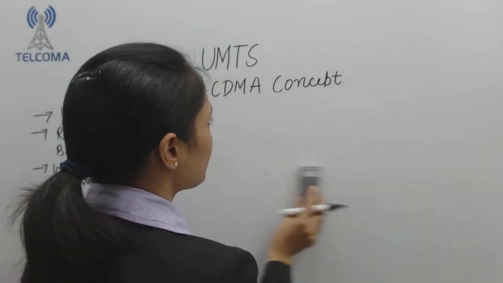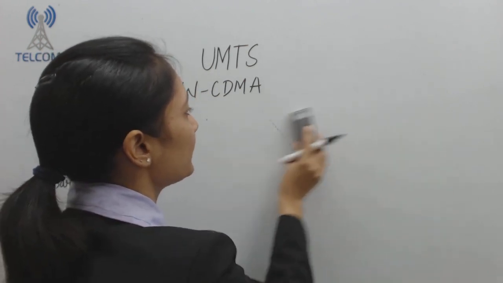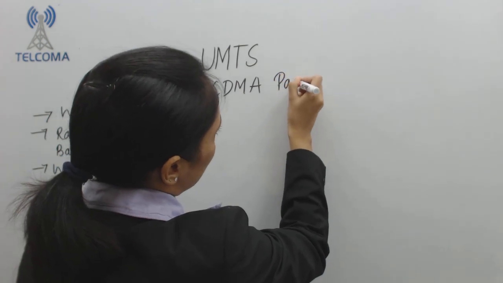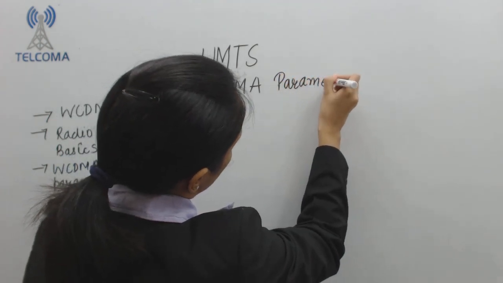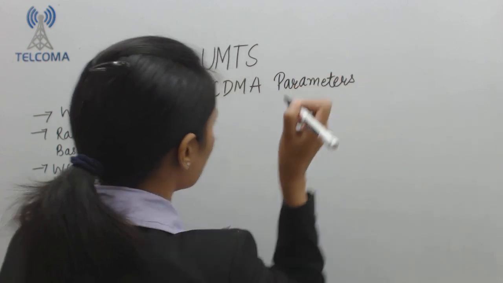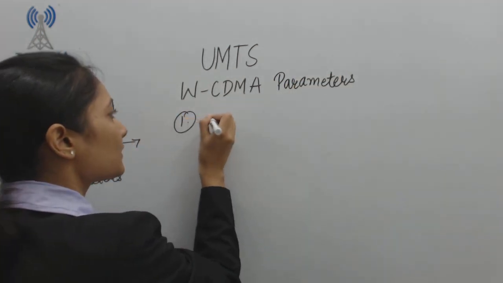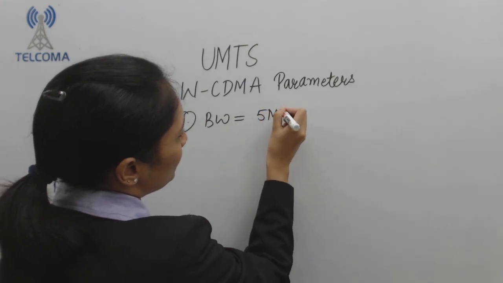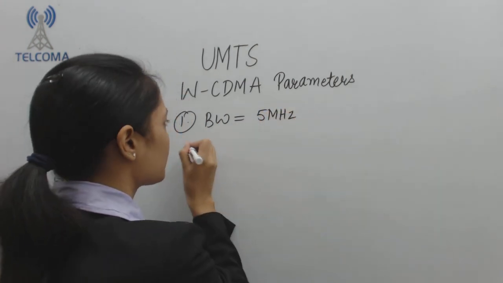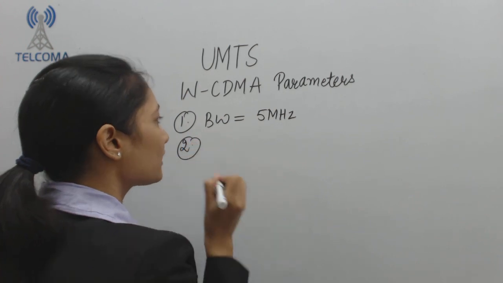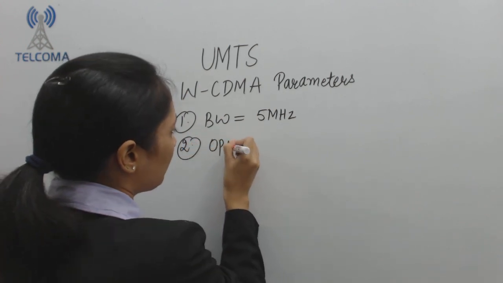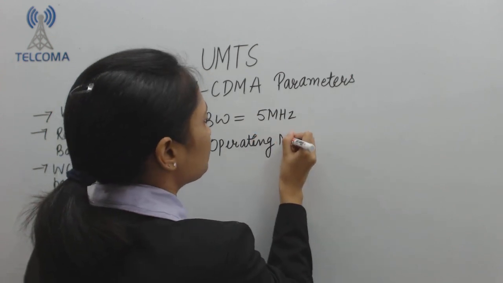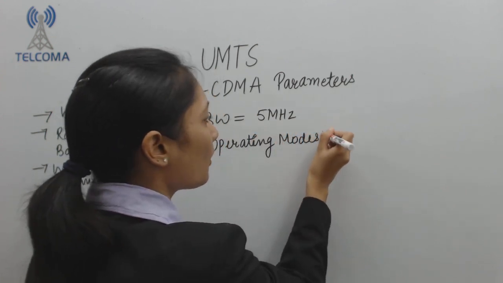Now we will discuss some of the WCDMA parameters. First one of them is the bandwidth, which we know as 5 megahertz. Second one, the operating modes.